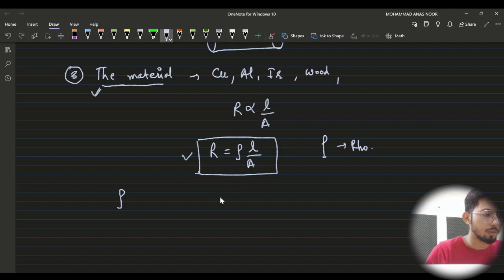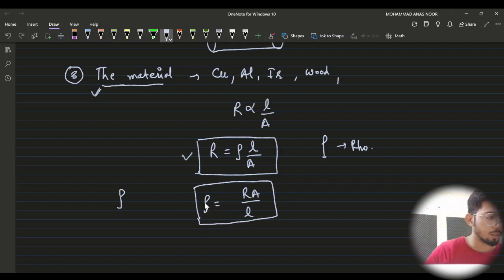If you want to find rho from here, it would be R A by L. I've done this because we need to find the unit of this rho. R is ohms, A is meter square, upon meter which is length. So that would be ohm meter.